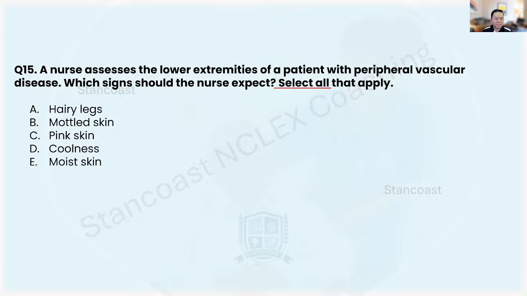Actually, this is lacking that descriptive. So this is arterial. So I don't want to confuse you. Sorry, there was a lack of the word here, arterial, peripheral vascular disease.